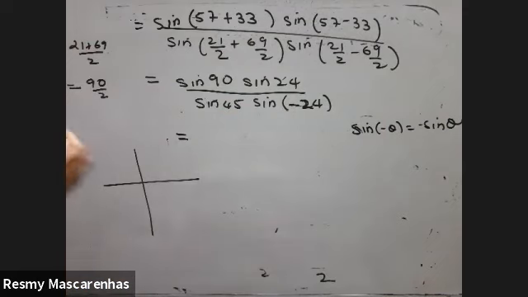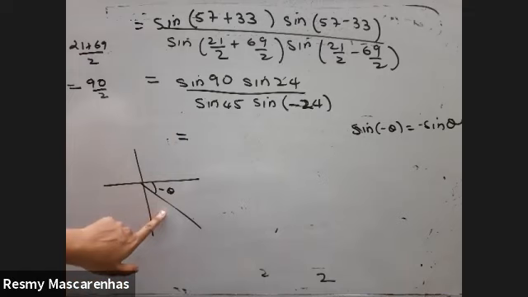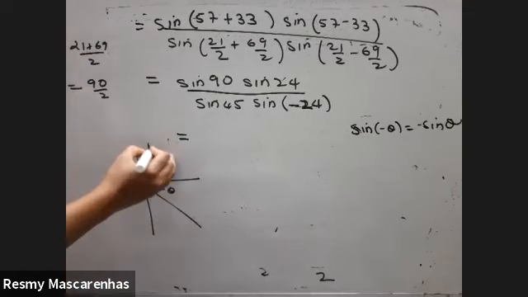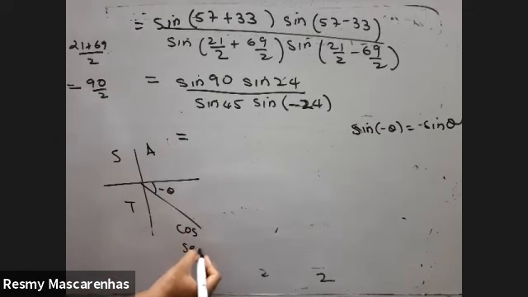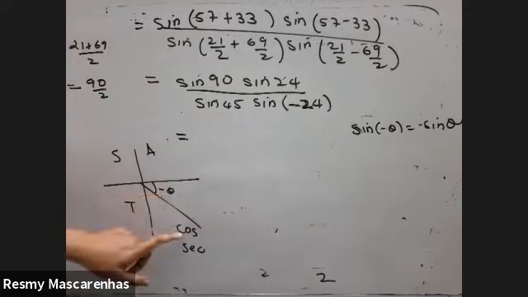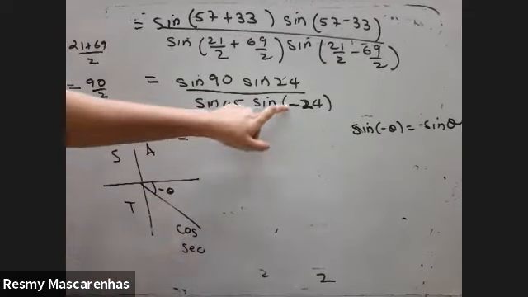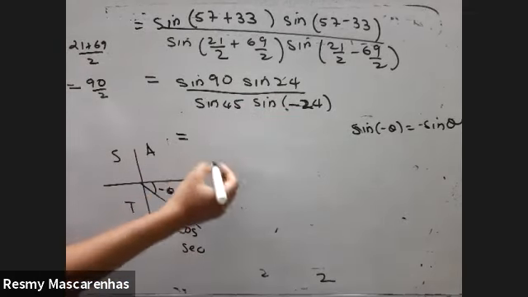Minus theta means always the fourth quadrant. In the fourth quadrant, only what is positive? All Silver Tea Cups: only cos and sec are positive. You want to check for the sign? Of course, it is minus. Only cos of minus theta and sec of minus theta are positive. The rest will all be negative. So in the fourth quadrant, it is negative.